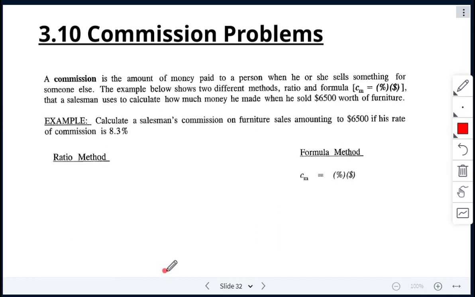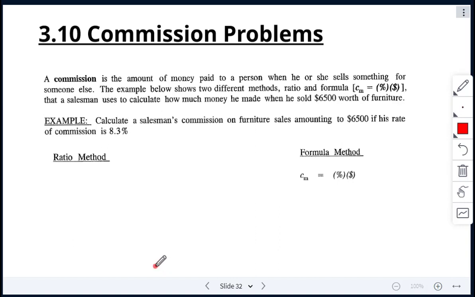So our first example, we're looking at a salesman. How much money does he make when he sells furniture? Okay, so calculate a salesman's commission on furniture sales amounting to $6,500 if his rate of commission is 8.3%.